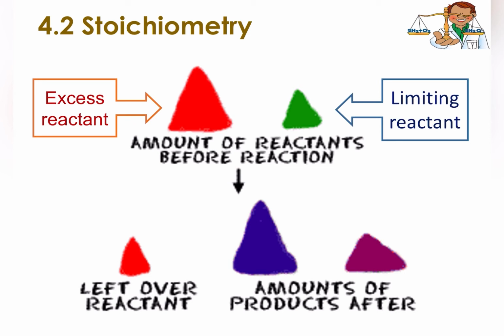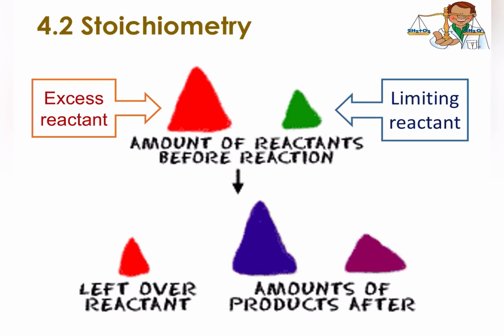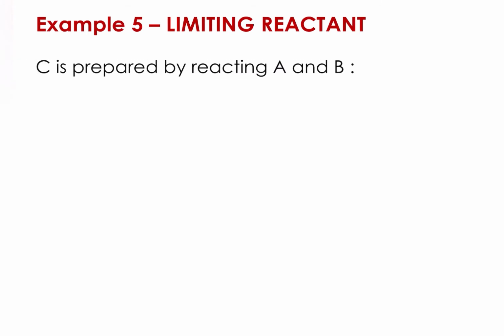So how to do the calculation to determine the limiting reactant menggunakan stoichiometry. So here, from example 5, I want to determine the limiting reactant. So what is my question? I have here where C is prepared by reacting A and B, and this is my equation.